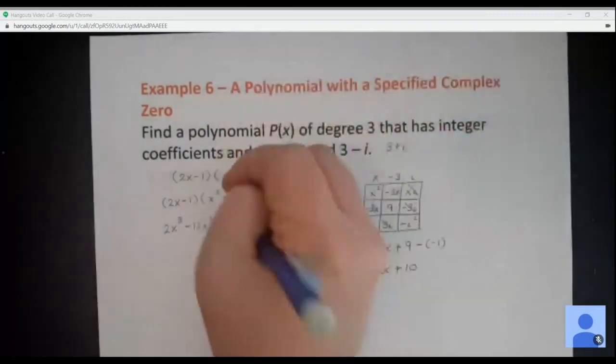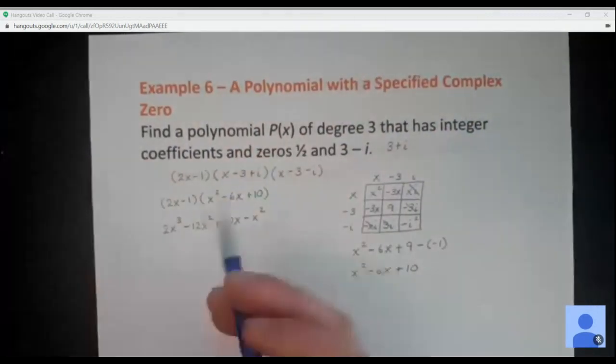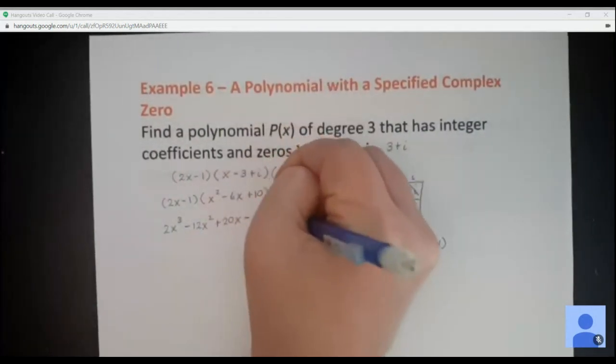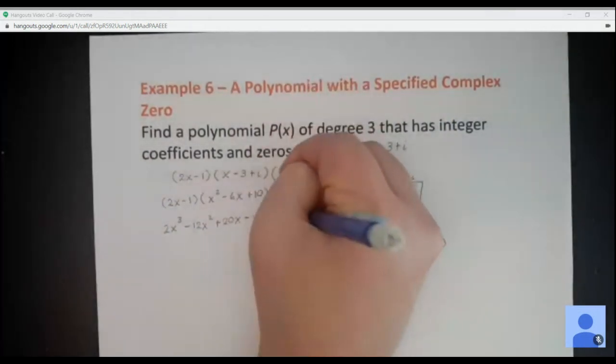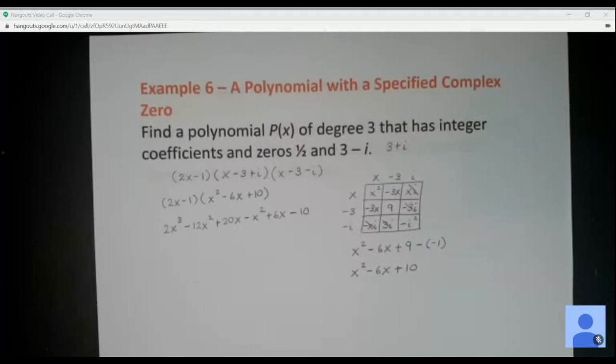Negative 1 times x squared is negative x squared. Negative 1 times negative 6x is plus 6x. And negative 1 times 10 is going to be minus 10. So let me pause there. Are there any questions about how I got any of that?